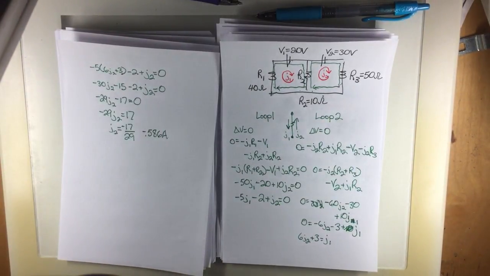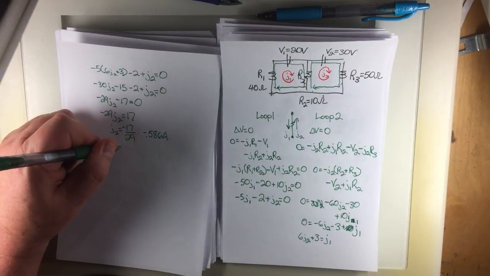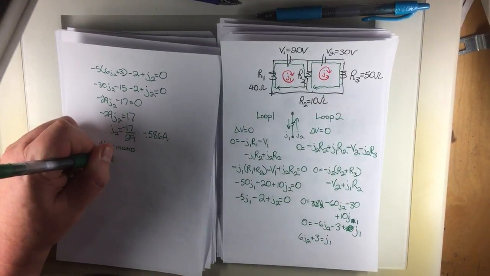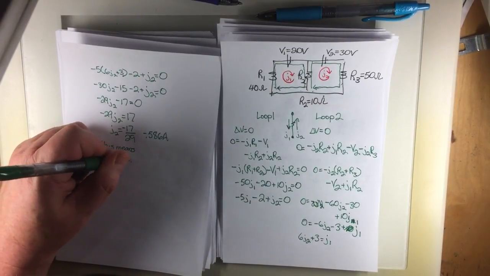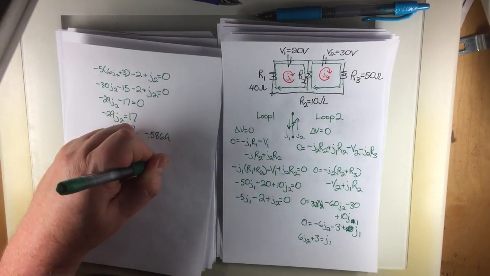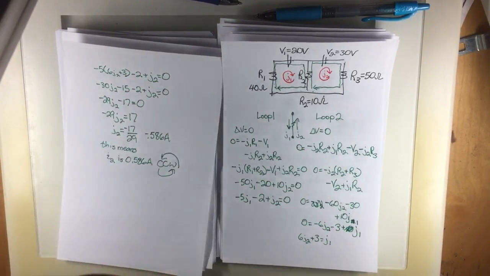So J2 is a negative value. This means I2 is 0.586 amps counterclockwise. And now you know the value of I2, the true current running in the right loop.